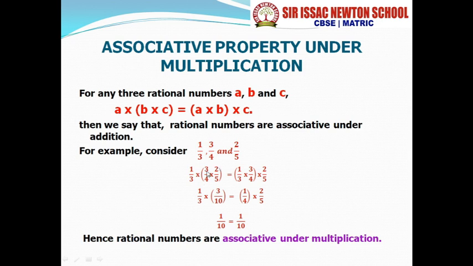So here it becomes 3 by 2 into 5, 10. So 3 by 10. Then the 3 in the denominator and the 3 in the numerator get cancelled. So LHS value is 1 by 10. Similarly, for the RHS we also get 1 by 10. Therefore, the rational numbers are associative under multiplication.